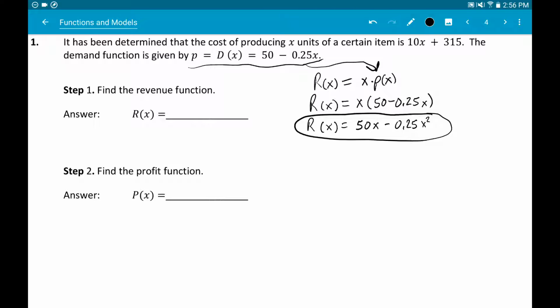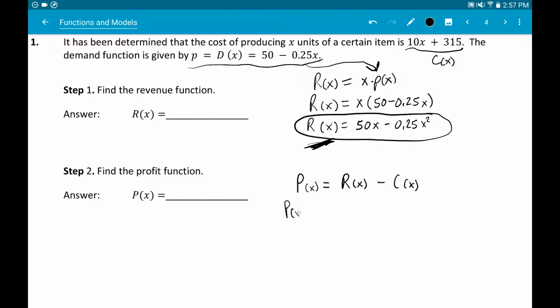And then step 2 is the profit function. So if you look at what you have now, you just figured out the revenue function in step 1. And up here, they're talking about cost is 10x plus 315. So that's the cost function. So we have R and C, revenue and cost. So we can use that formula, profit equals revenue minus cost, to get a profit function.